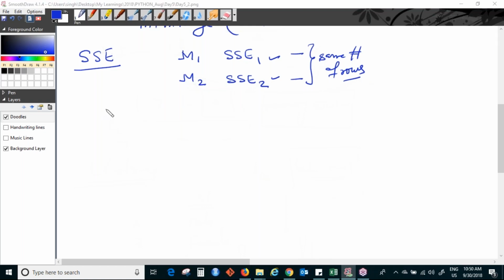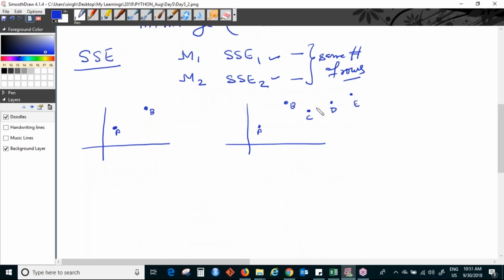Okay, so just to give you an example, let's say I have this model and the same data, I'm writing here A, B, C, D, E. So I have this as the data and this is the data. A and B are same in both the data sets. I have built a model here and I have built another model here.